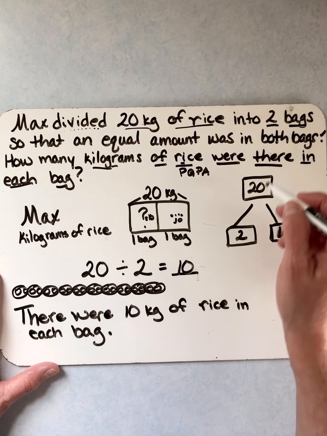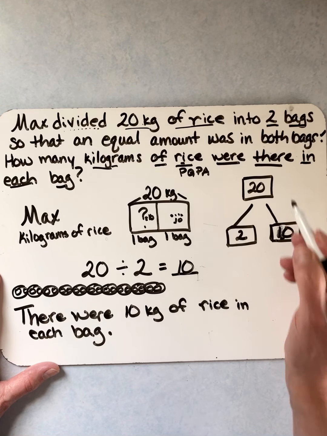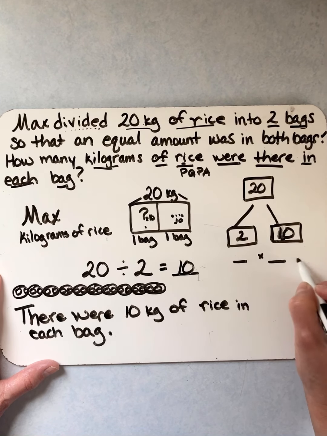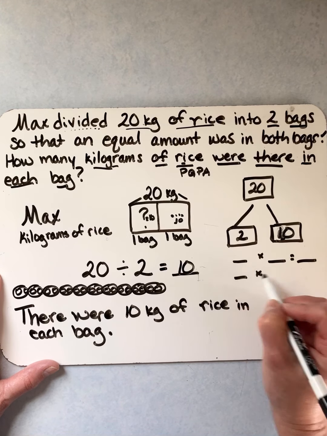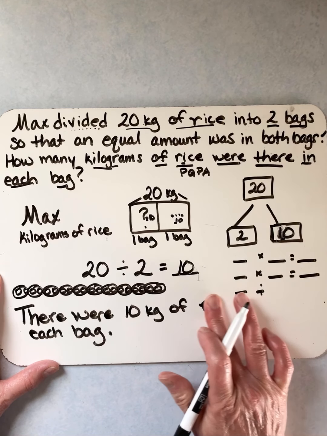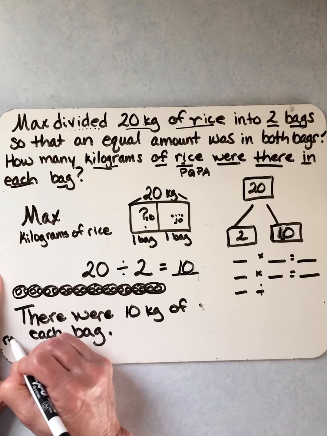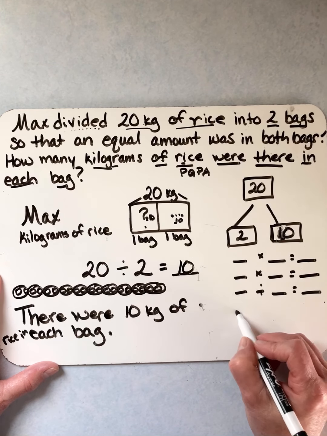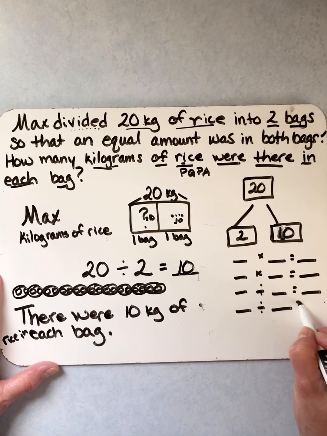Just for fun, let's do a fact family with this. So a fact family with multiplication and division looks like this. Remember, in the family, you know what, I'm going to move this rice. And in a family, there are no strange numbers.